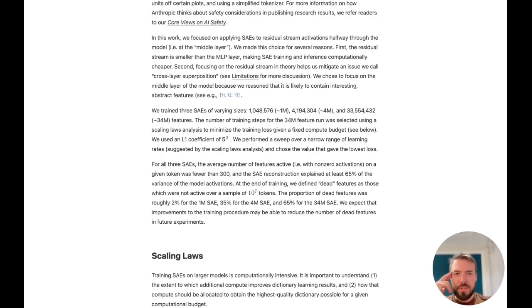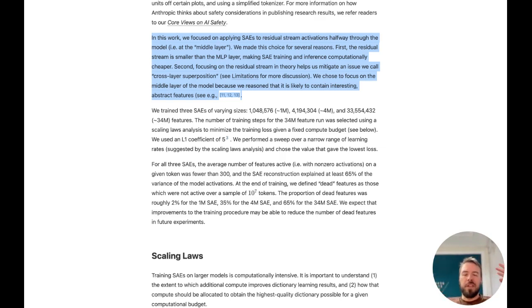We made this choice for several reasons. First, the residual stream is smaller than the MLP layer, making SAE training and inference computationally cheaper. Second, focusing on the residual stream in theory helps us mitigate an issue we call cross-layer superposition. We chose to focus on the middle layer of the model because we reasoned that it is likely to contain interesting abstract features. Okay, so this reminds me again of this content paper where we were starting with really low-level features, and the deeper in the network we went, the higher level the features were.